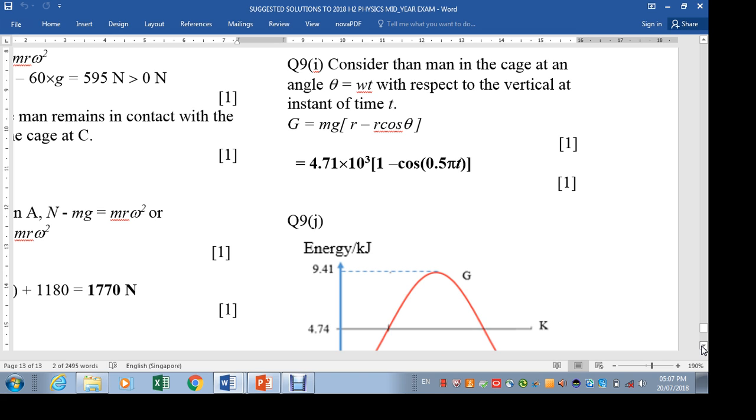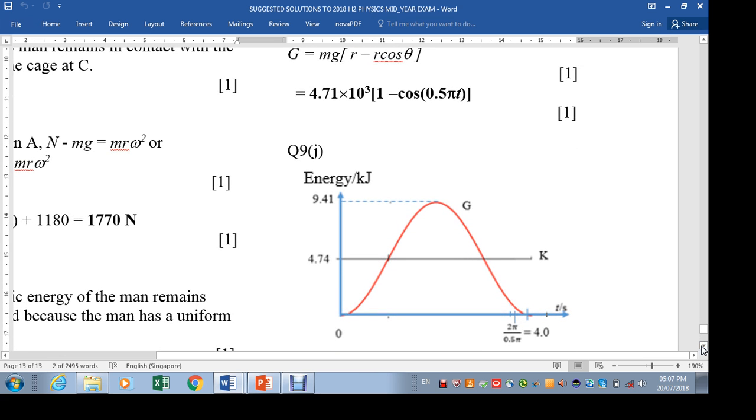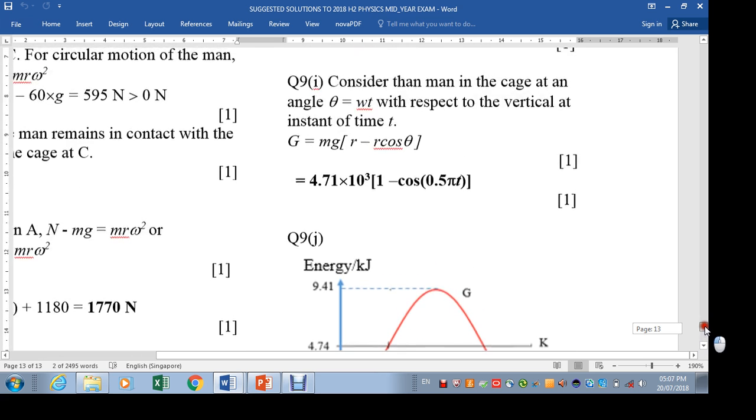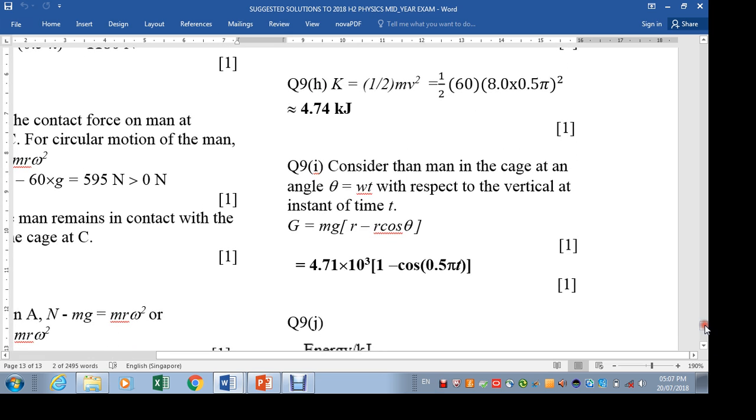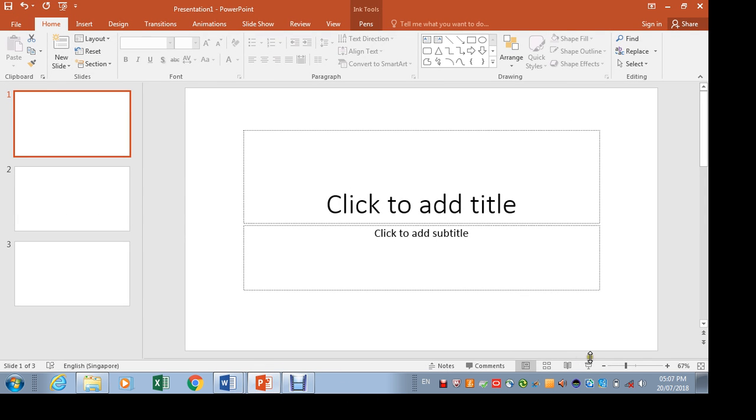Okay, so how? Derive an expression for the potential energy of the man in terms of time only. So the height of the man goes a little bit like this. So how do you do that? Let me try to explain the answer.